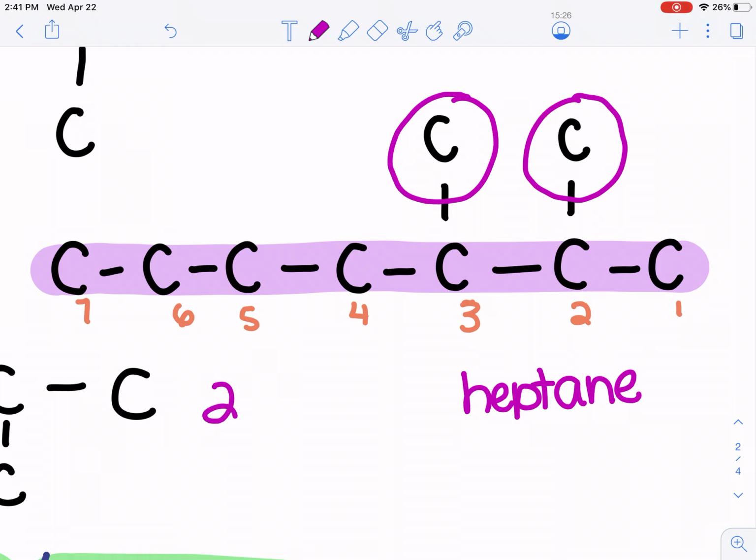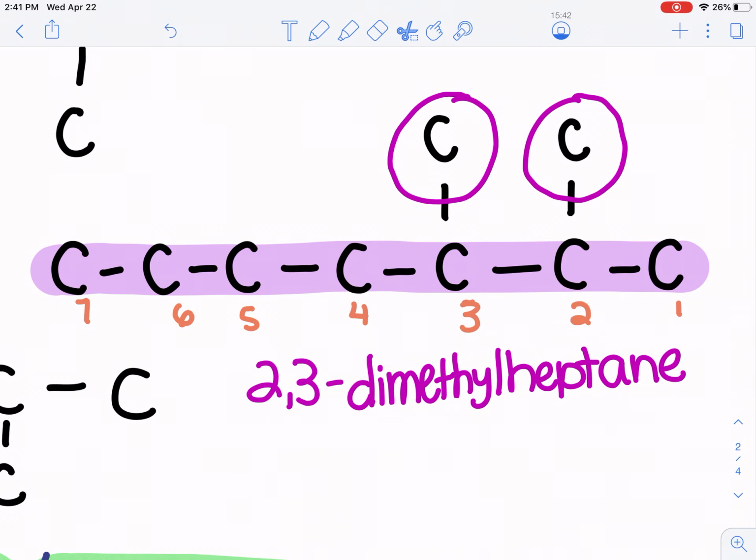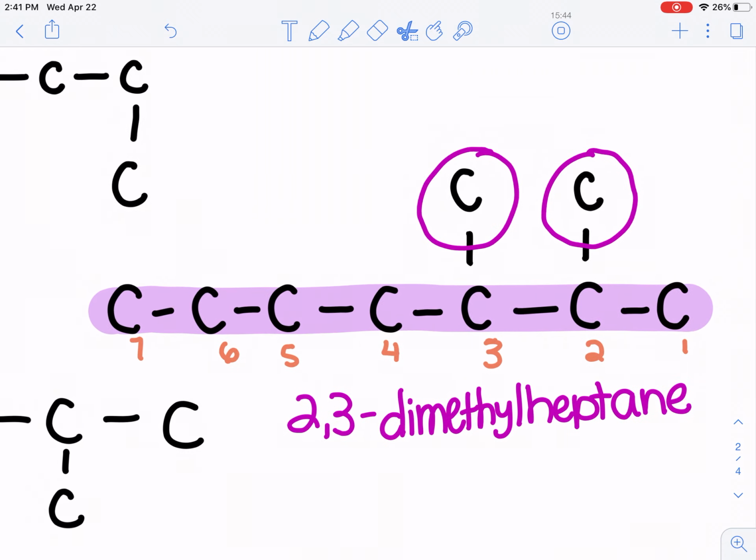So I'm going to say 2, 3. Those are the numbers of my carbons. And I have 2 methyls. So that is dimethylheptane. I do not separate the branch from the main chain. So dimethylheptane is one word.